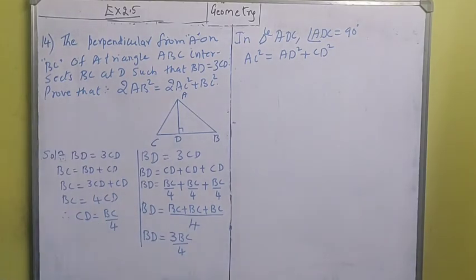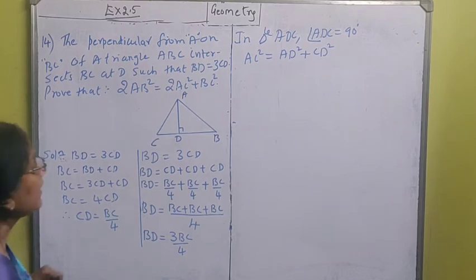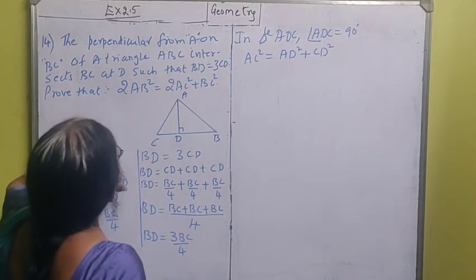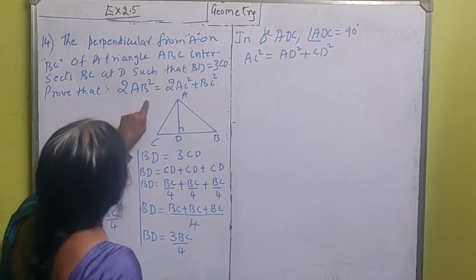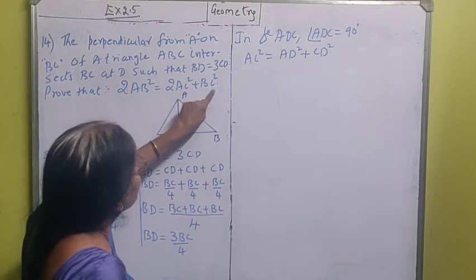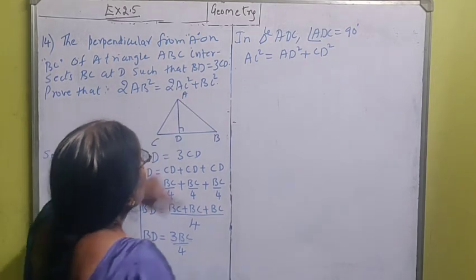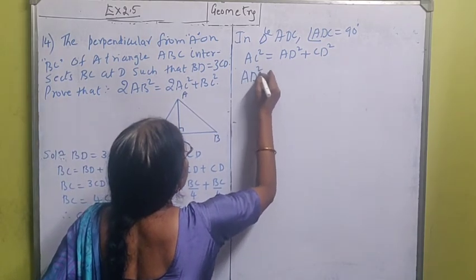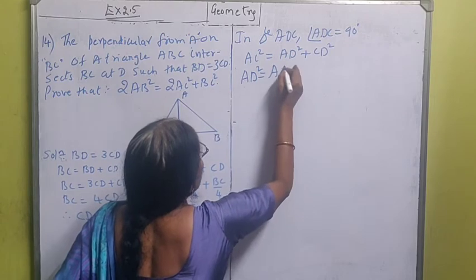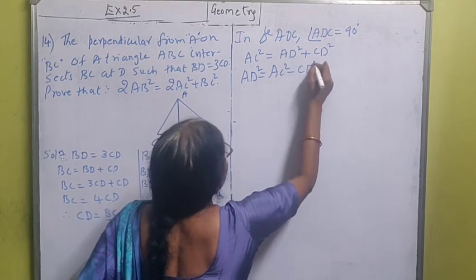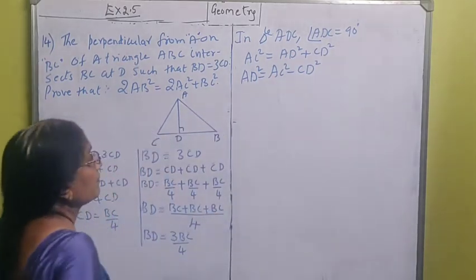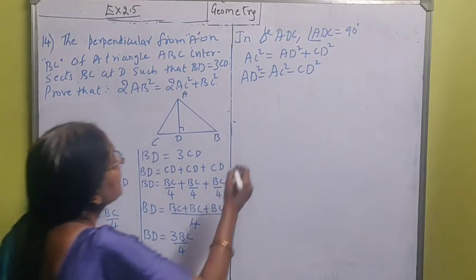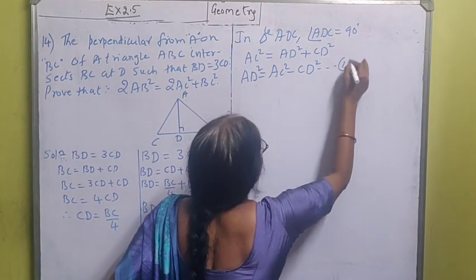We want 2AB square is equal to 2AC square plus BC square. So AD square will be equal to AC square minus CD square. Let this be equation 1.